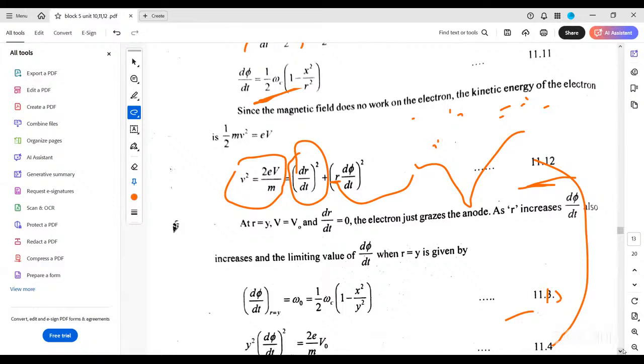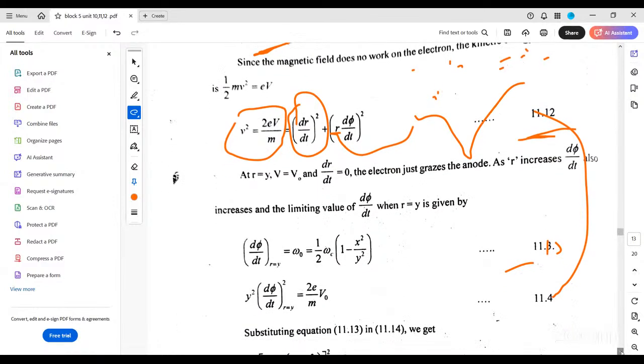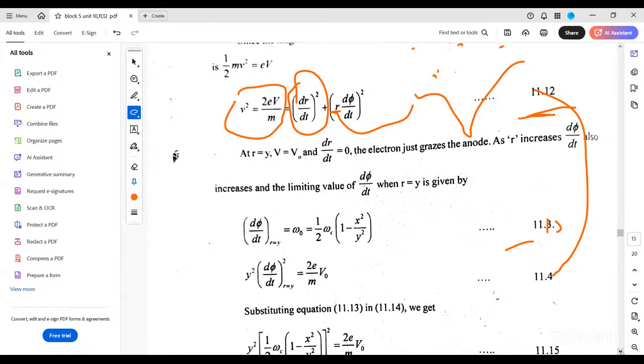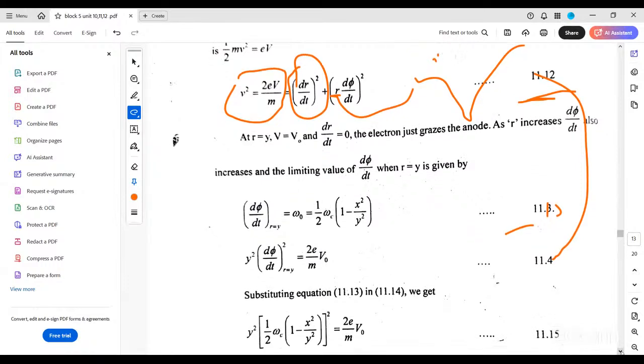After that, substituting 11.13 and 11.14, we get, in 13 we got the d5 by dt value.